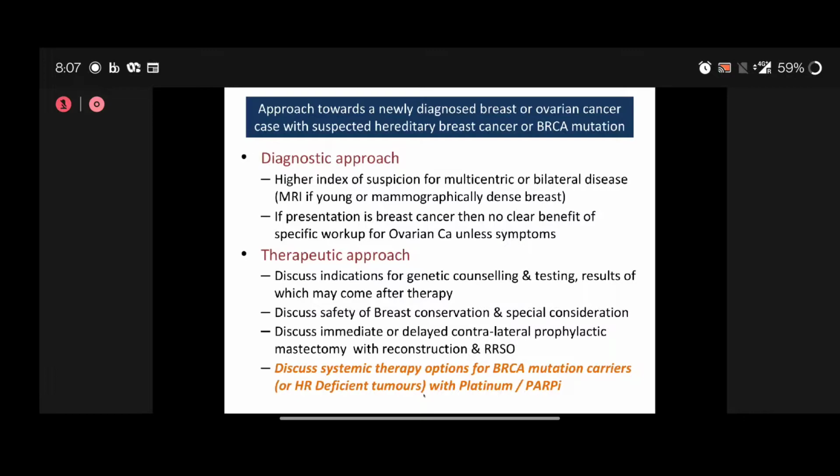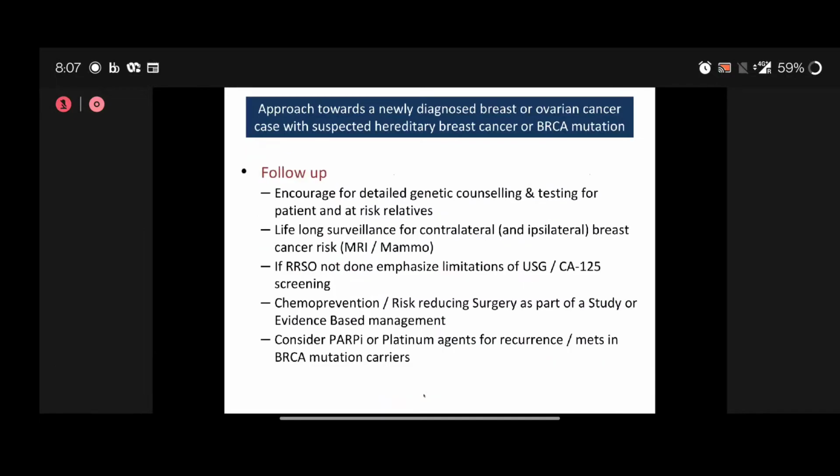Discuss immediate or delayed contralateral prophylactic mastectomy with reconstruction and RRSO. At least those points should be brought out. And the systemic therapy options for BRCA mutation carriers or HR-deficient tumors, with platinum or PARP inhibitors. All these aspects you need to bring out. I think this aspect will be covered in another lecture, so I'm not going into that.